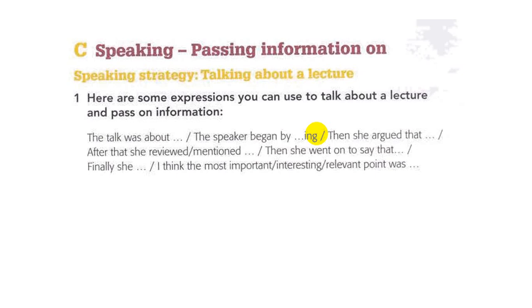Okay, let's complete. The third expression you can use is, for example, then she argued that blah blah blah. Number 4, after that she reviewed or mentioned blah blah blah, for example, a definition or an example. The fifth expression you can use, for example, then she went on to say that blah blah blah. Finally, she blah blah blah.